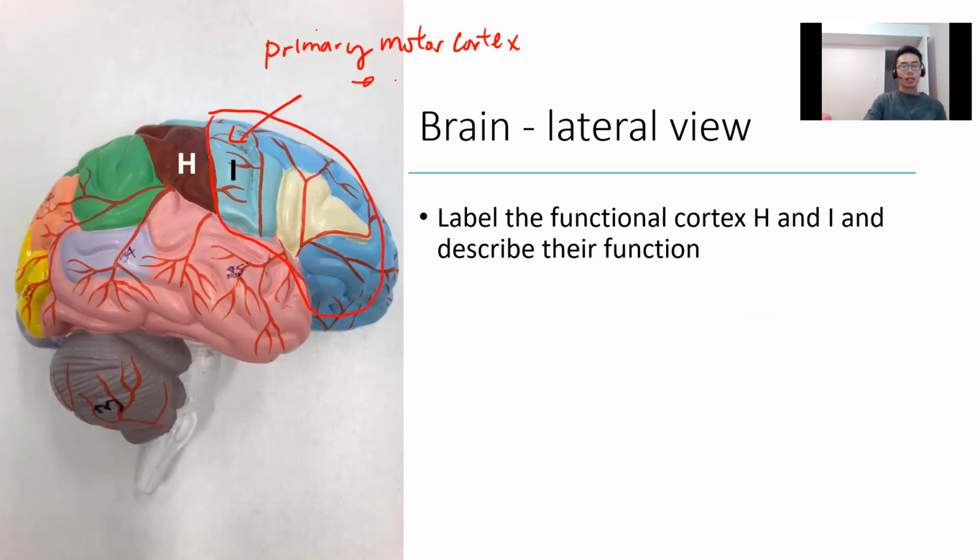It allows voluntary movements. Anytime you move any part of the body, the command originates from the primary motor cortex. And of course, it controls the opposite side of the body. Here we're looking at the right half of the brain, so this will control movements of the left half of the body.